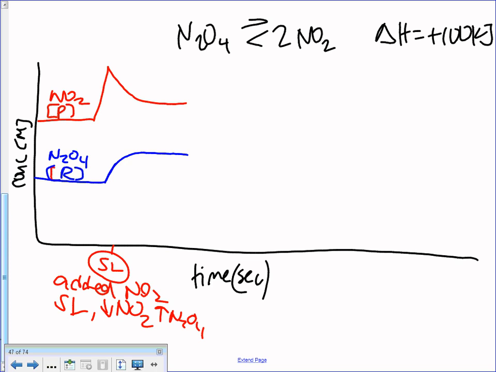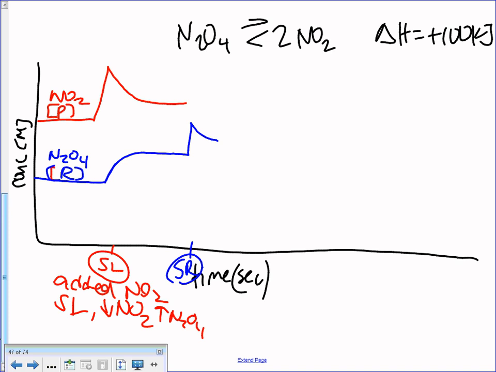What's going to happen if I add dinitrogen tetroxide? It's going to shift right, okay? So I'm going to say at this point it's going to shift right, but what's going to happen to the graph? It's going to do the same thing with the NO2. So there'll be a peak on the other one, so there'll be a peak here, and it's going to slowly decrease as it becomes consumed, and then what happens here?